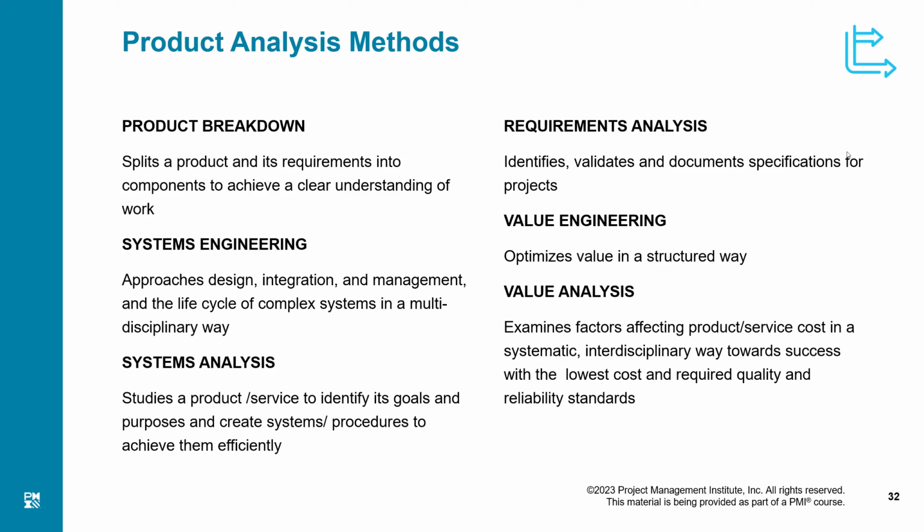So product breakdown structure is just like a WBS, but rather than saying that each branch is a piece of work, we say that this is the whole product we have to create, and each branch represents a part of the product. And that part of the product is further broken down into smaller parts of that product. I hope you understand my point.